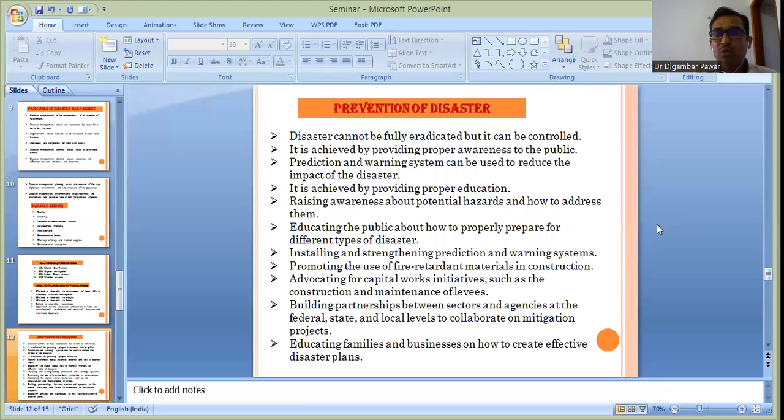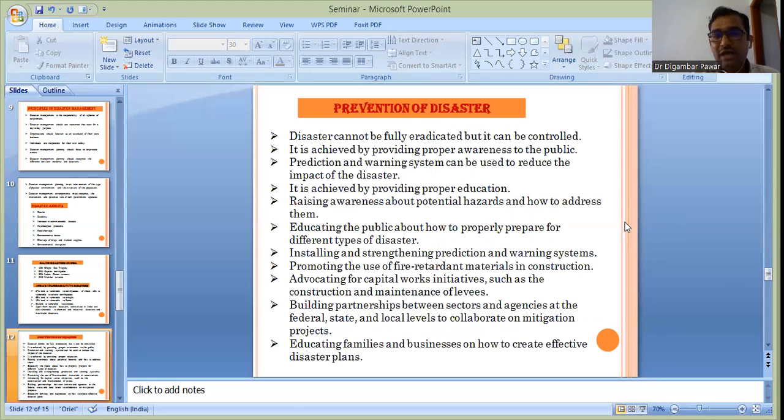So, prevention of disasters. Disaster cannot be fully eradicated, but it can be controlled. It is achieved by providing proper awareness to the public. Prediction and warning systems can be used to reduce the impact of disasters. We can predict the number of disasters.